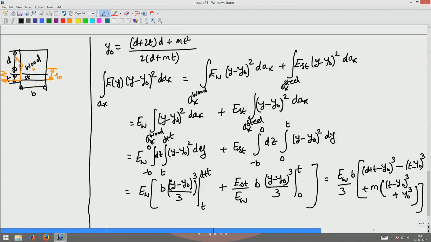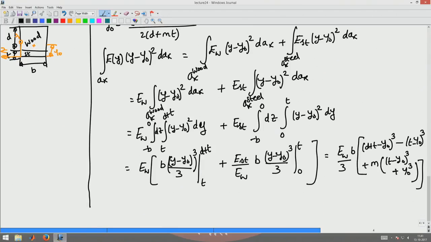Now, what I want to do next is, instead of doing the integration, use the parallel axis theorem for finding this integration, for doing this (y minus y naught) whole square dA over the wood and this over the steel.